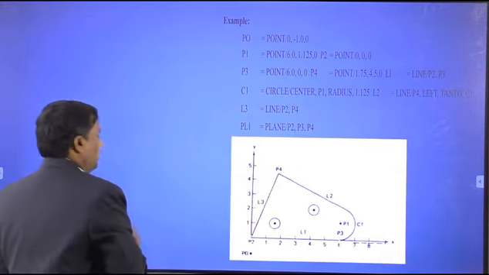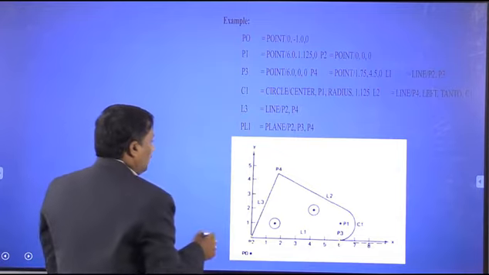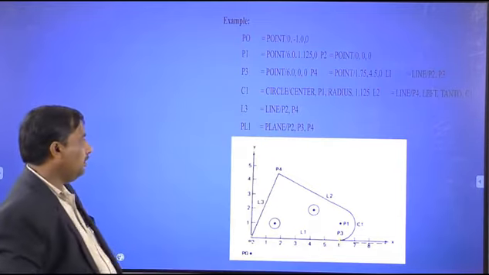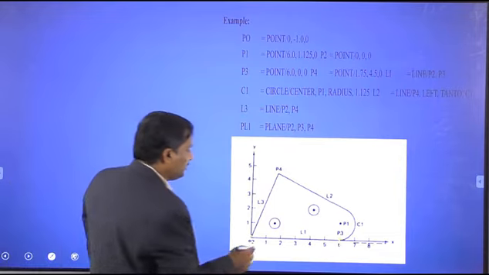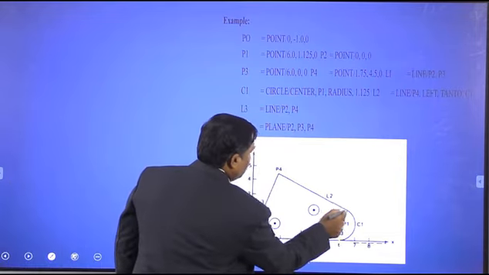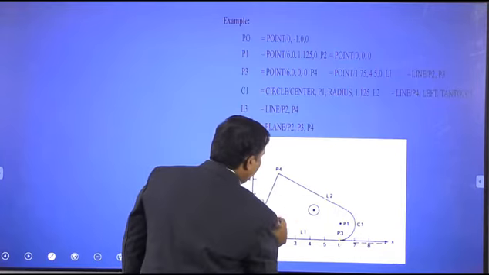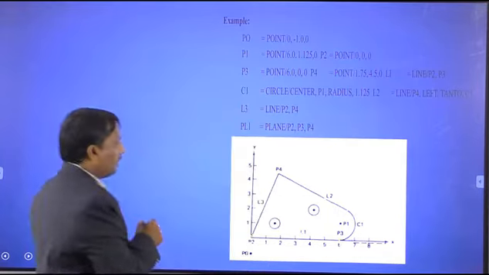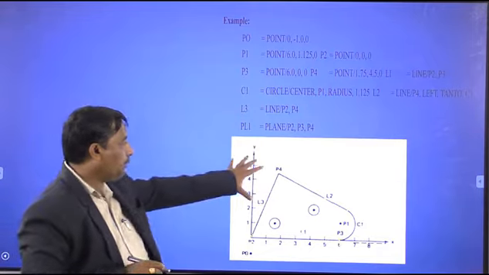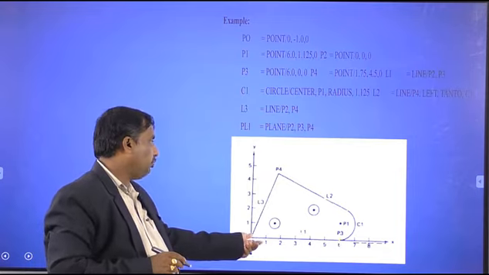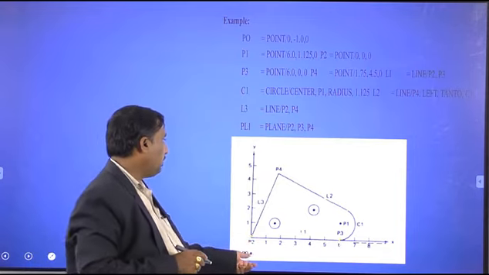After that I have defined the circular arc C1, and the lines. This is the line L1, this one is the line L2 and this one is the line L3. So this entire part consists of what geometries? One is points, 4 or 5 points.